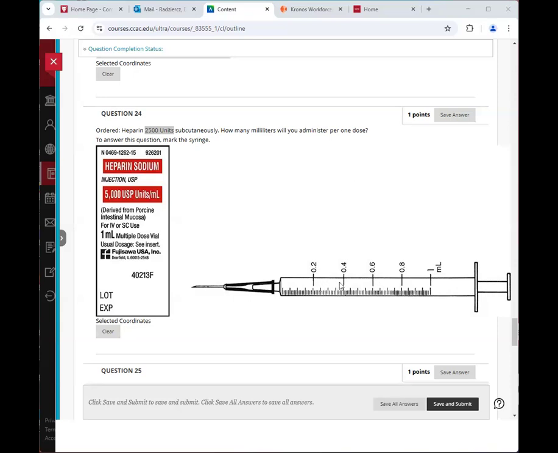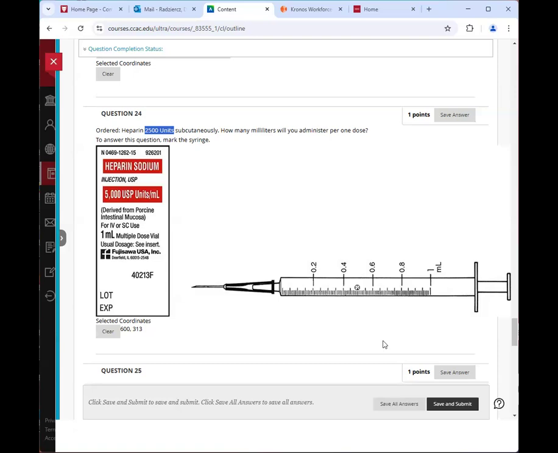Now this looks a little tricky, right? Because you see 0.2, 0.4, 0.6, 0.8. Where's 0.5? Well, if it's done right, then 0.5 should be here. So we might have to say 0.4, 0.45, 0.5, 0.55, 0.6. And that's how this syringe is broken down. So my 0.5 is actually going to be right there.